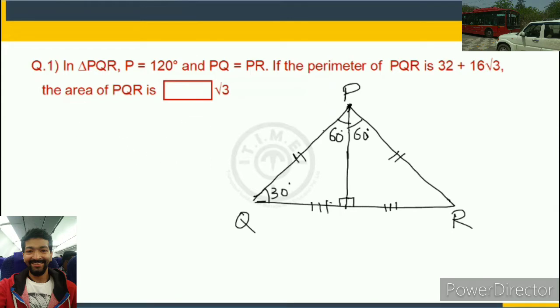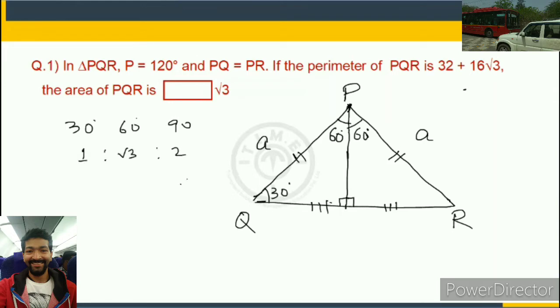So this was a triangle that we obtained in the 30, 60, 90 rule. And because this is an isosceles triangle, with these two sides being equal, let me assume that this length is a. So this length would also be a. Now, the 30, 60, 90 rule says, this is 1:√3:2.